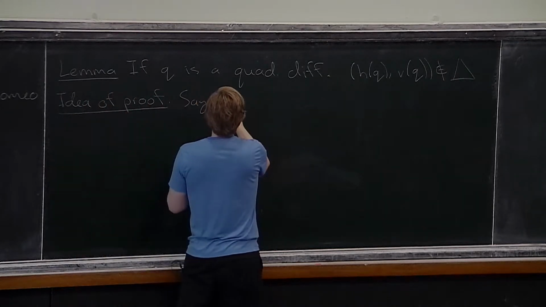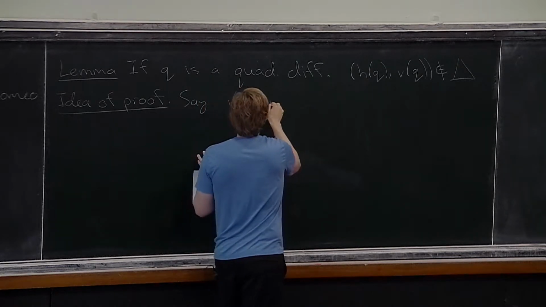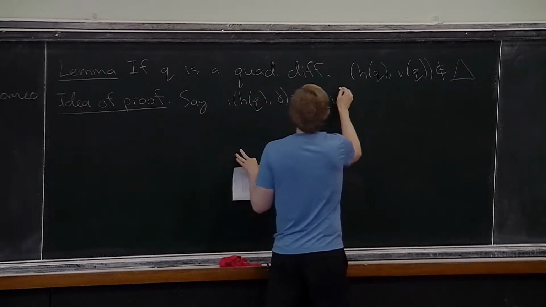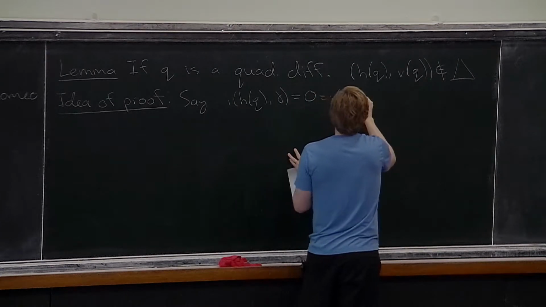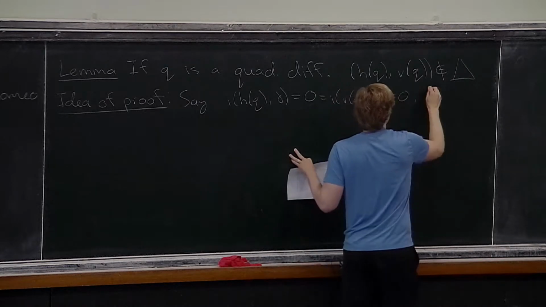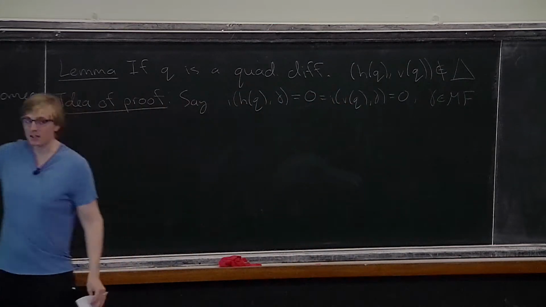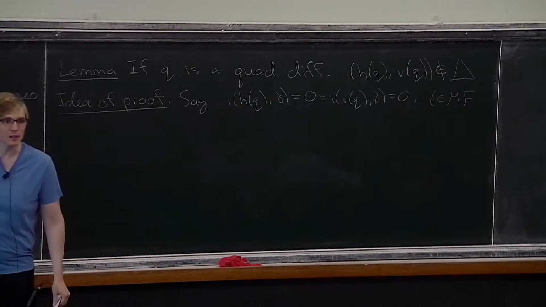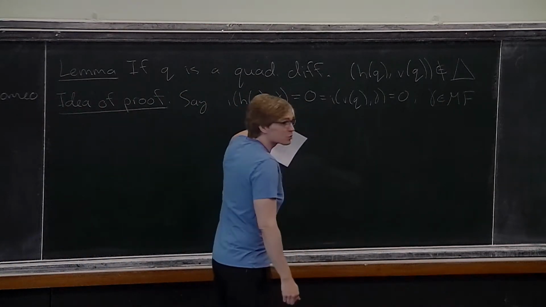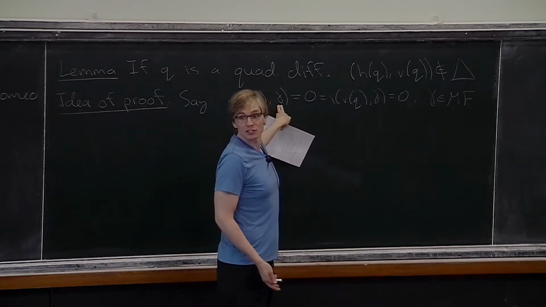So it's a proof by contradiction. So say the intersection number of both of these foliations with some gamma is 0, and gamma is some measured foliation. So this is exactly what it would mean to be in delta. OK? So first, you can imagine that this was a simple closed curve. If it's not a curve, then you can approximate it by curves.